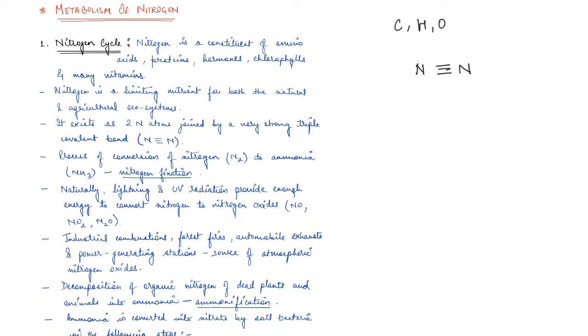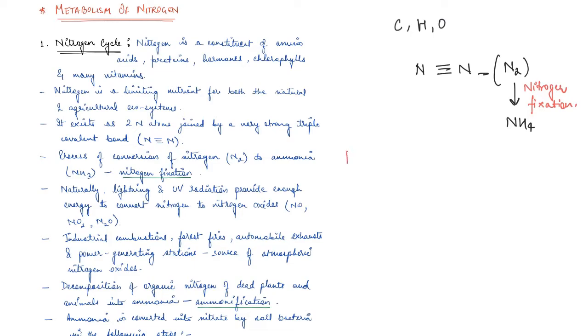Now the process of converting this nitrogen, which is N2, to ammonia, which is this, is known as nitrogen fixation. This process is known as nitrogen fixation, right? Now, in nature, lightning and UV radiation, right? These both provide energy, and this energy is used to convert nitrogen to nitrogen oxides first.